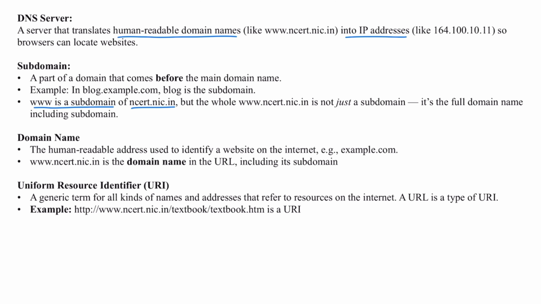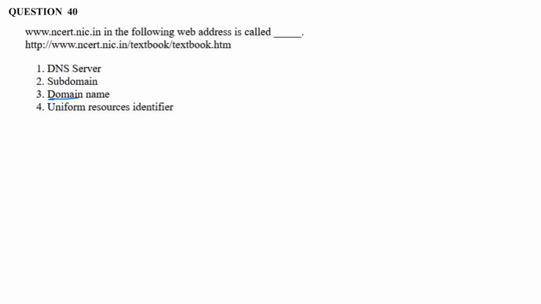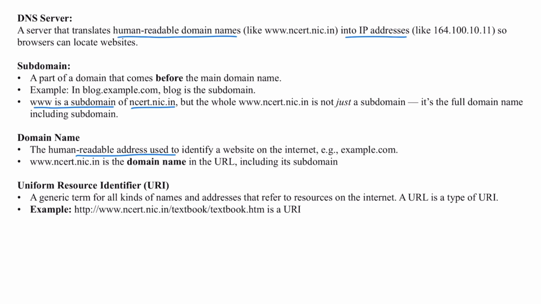Next is domain name, the human readable address used to identify a website on internet. Uniform resource identifier, a generic term for all kinds of names and addresses that refer to resources on the internet. URL is a type of URI. Uniform resource locator is a type of uniform resource identifier. From this, the correct answer is domain name, the human readable address used to identify a website on internet, that is example.com. www.ncert.nic.in is a domain name in the URL.